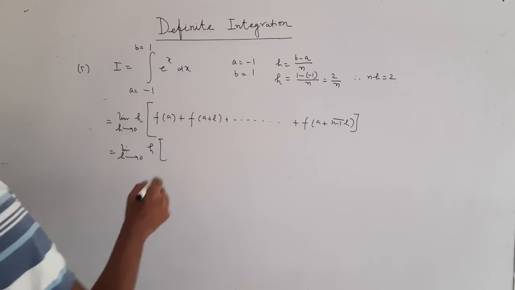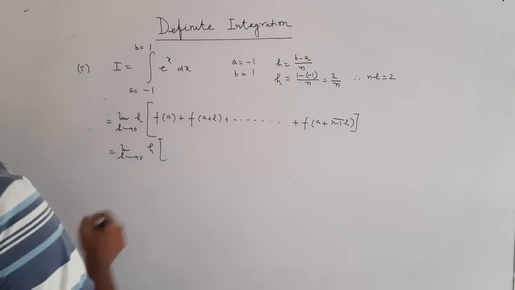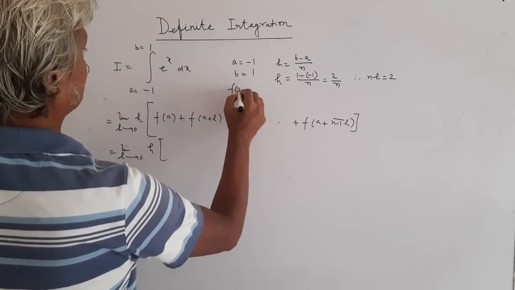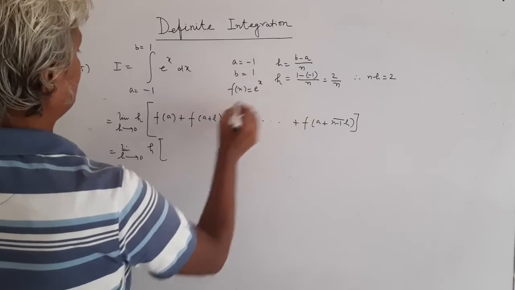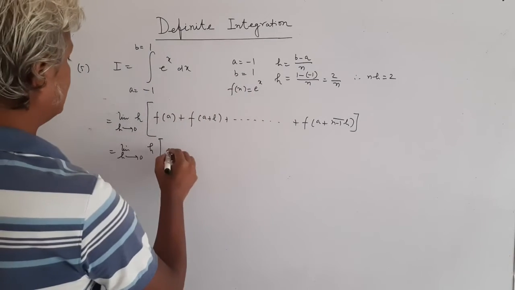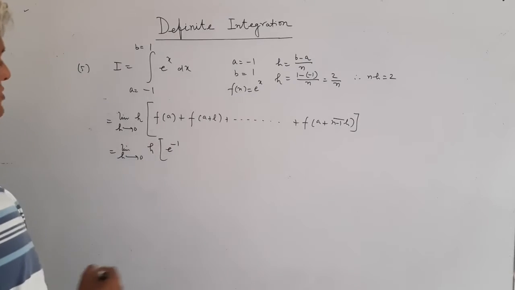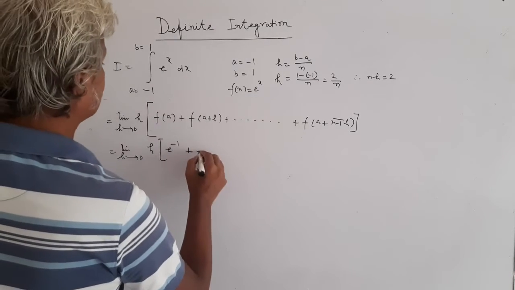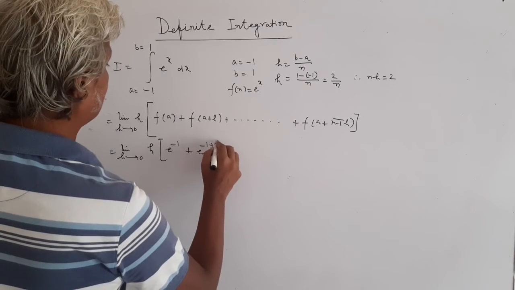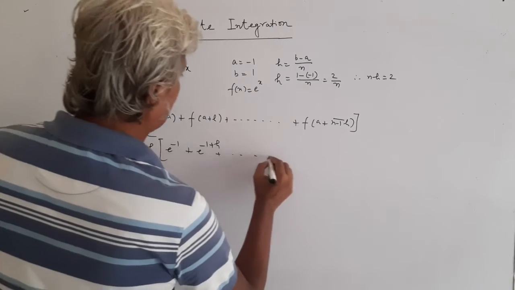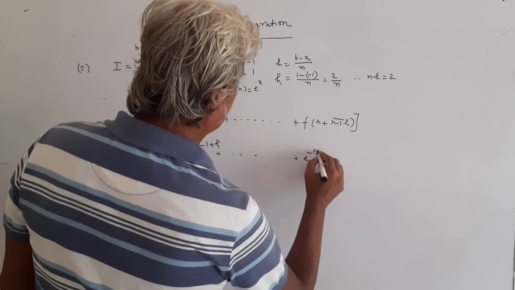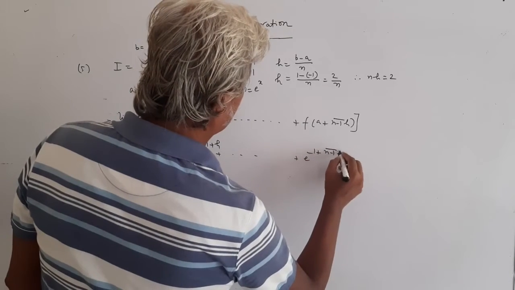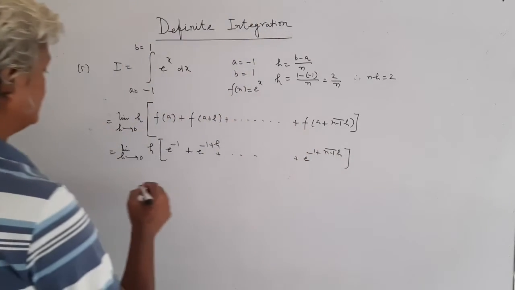What is f(a)? A is -1, and what is f(x)? That is e to the power x. So what is f of -1? This is e to the power -1, plus e to the power -1 plus h, plus dot dot dot plus e to the power -1 plus (n minus 1)h.